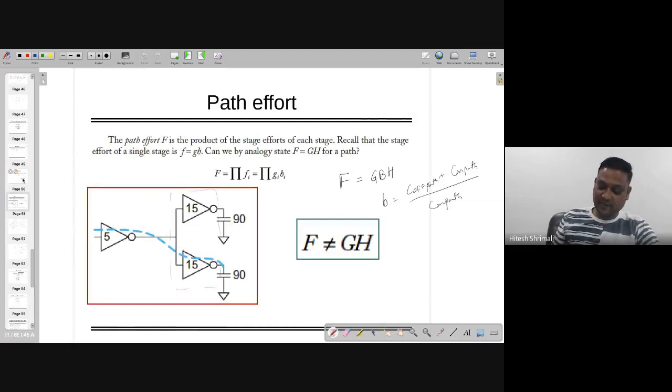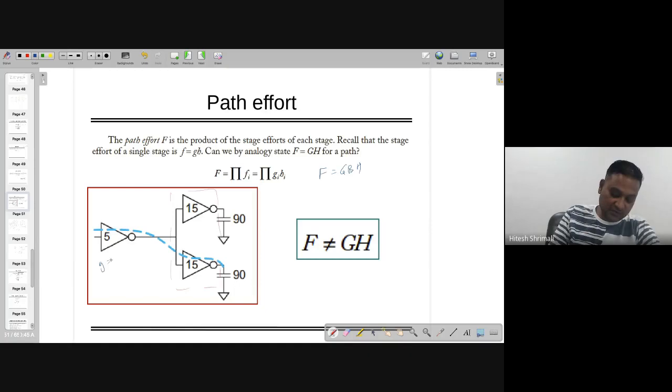So here, using this, if I want to find out the exact answer, I want to find F equal to GBH. G is known to me. G is nothing but, this is 1, this is also 1. H equal to 30 by 5, 6. H equal to 90 by 15, 6. But I know that G is nothing but the multiplication of 1, 1, right? For this stage and this stage. So G is equal to 1, no problem.